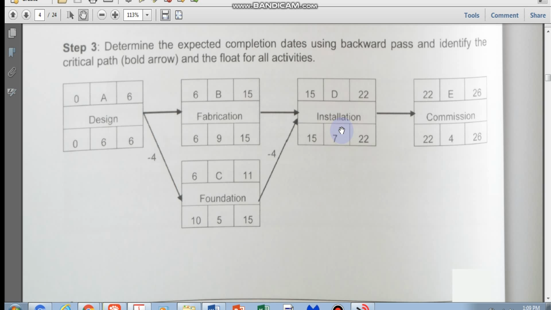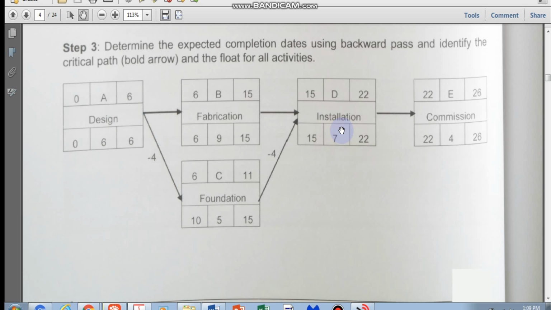So what about free float, you see? Free float is basically the spare time that is available for that particular activity without delaying the next activity, and that will be very useful when it comes to playing with your resources again.